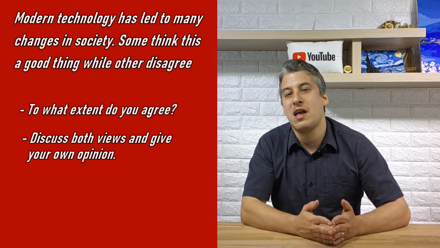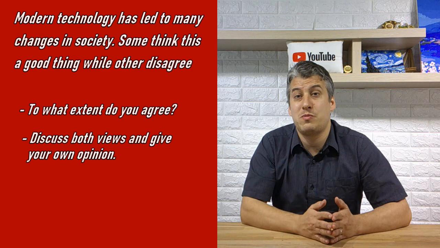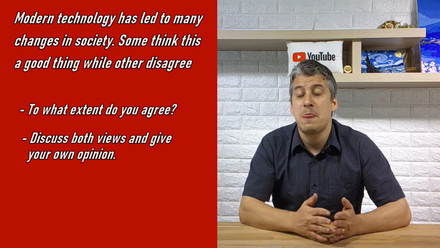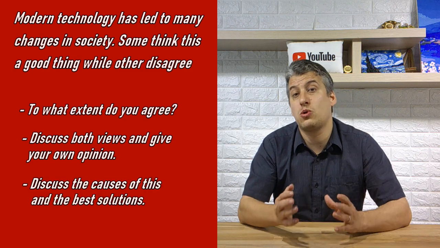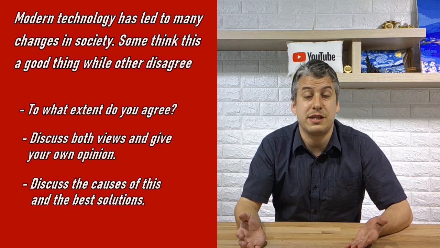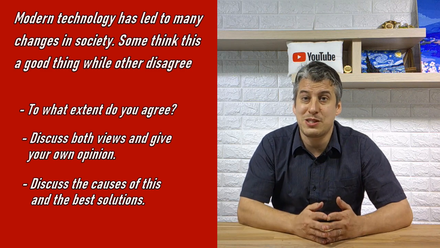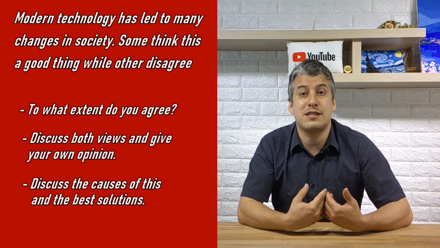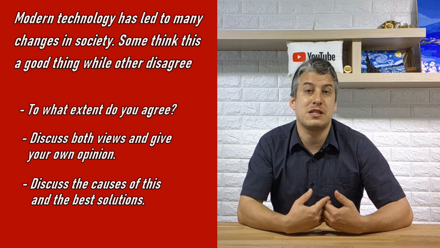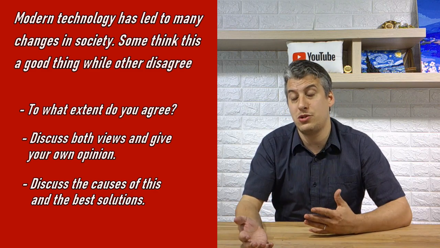And the last group of essay questions, there can be different variations, but I generally call them 2-question essays, simply because you're asked to do 2 things. A popular example of this could be discuss the causes of this and offer some solutions. So this can be a problem solution essay.